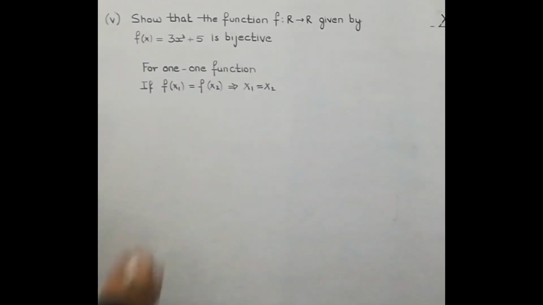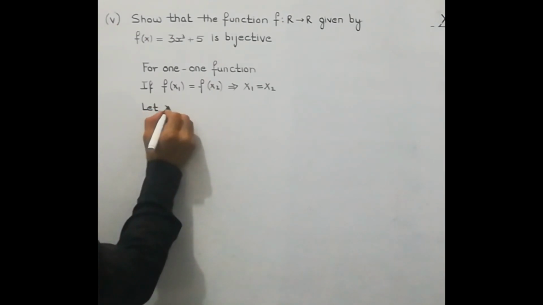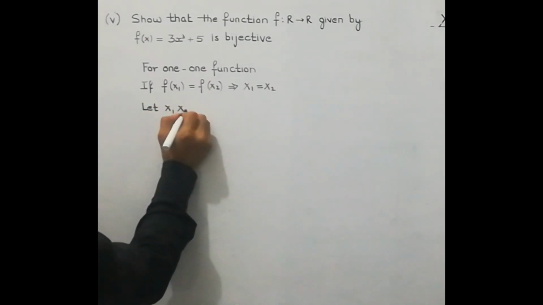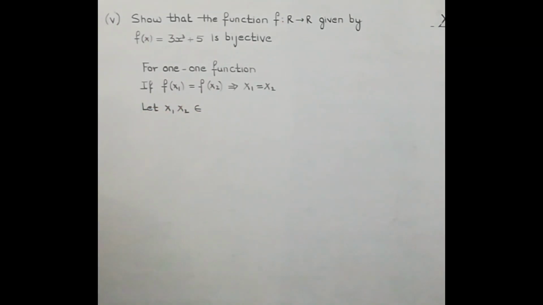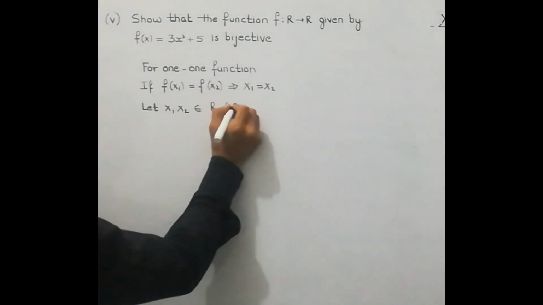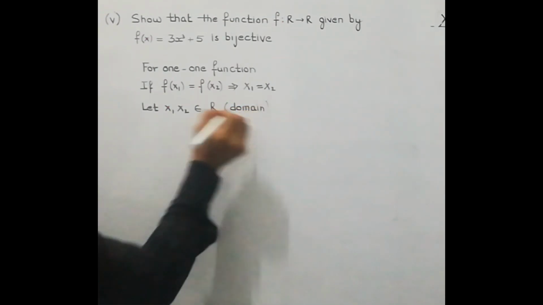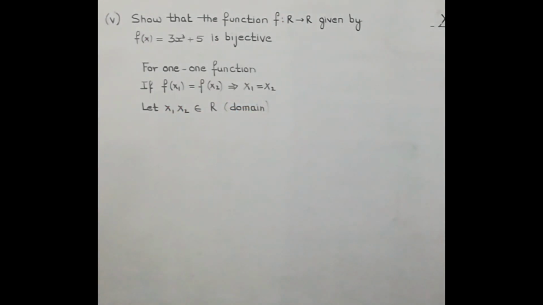So for that, let x1 and x2 be any two elements which belong to R, and here R means domain. Here R is because domain and codomain both are R, so we can write it this way.